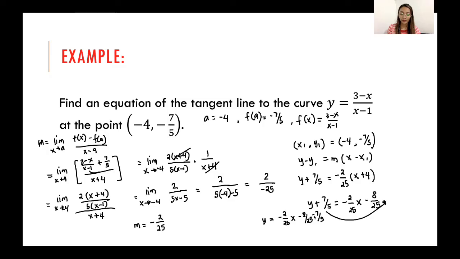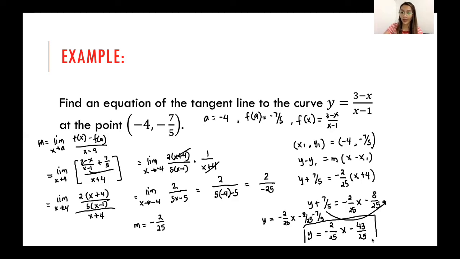Negative 8 over 25 minus 7 over 5 is negative 43 over 25. So our equation is y equals negative 2 over 25x minus 43 over 25. So this will be the equation of the tangent line.